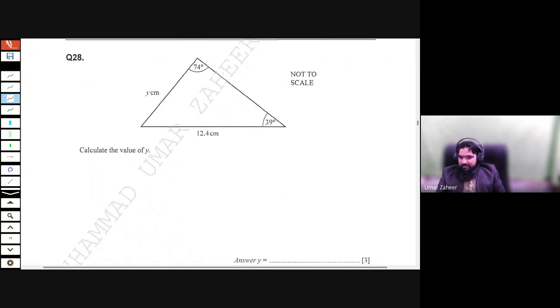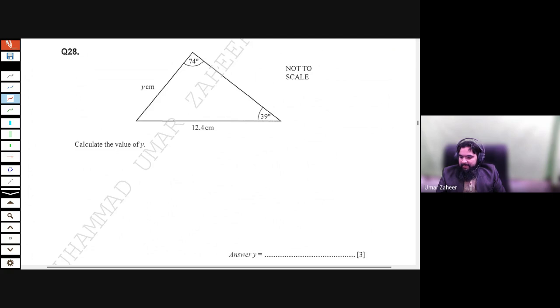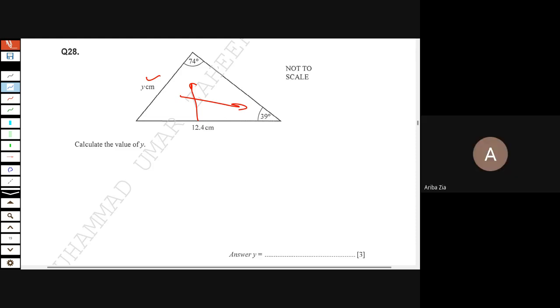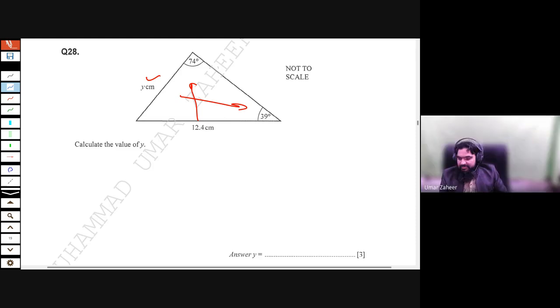All right, let's see how to do the last question of today's class. Yes, Ariba, can you please tell me about this one? We have the side, we have their opposite angle, we have the side, and we have their opposite angle. So we will use the sine rule. Sine rule says that any side divided by sine of their opposite angle. So the opposite angle to y is 39.